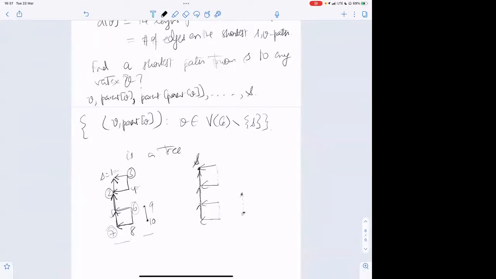So in the part that is reachable from S, they form cross edges. These are non-tree edges which are cross edges. What do I mean by cross edges? Look at this edge. A cross edge is a non-tree edge such that neither of its endpoints is an ancestor of the other in the tree.